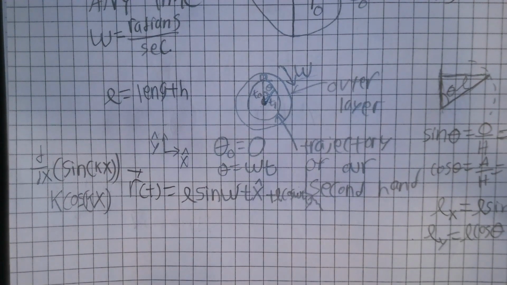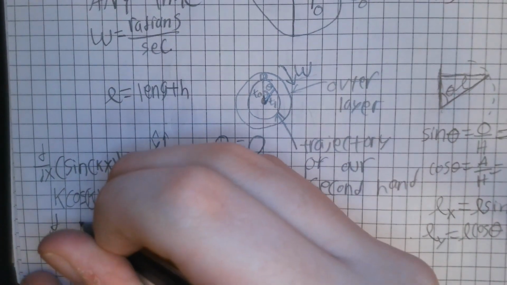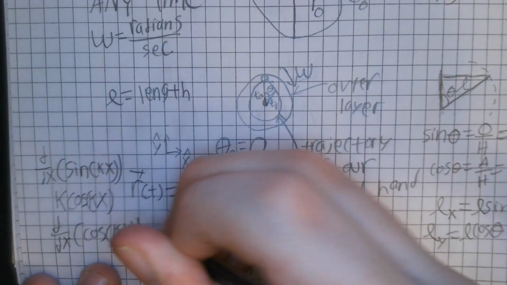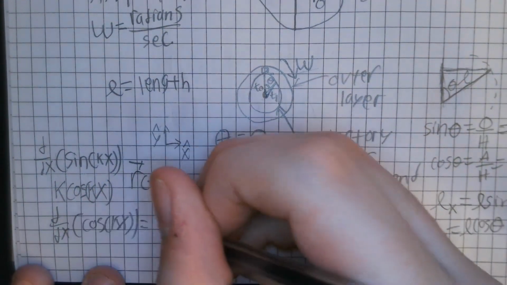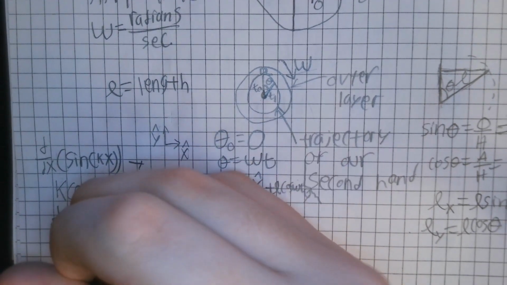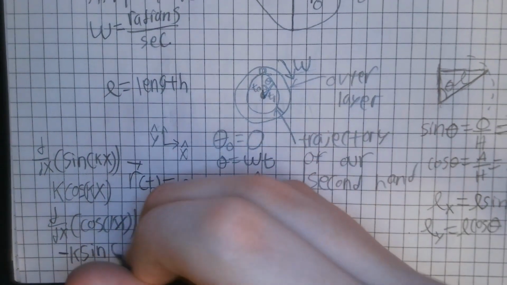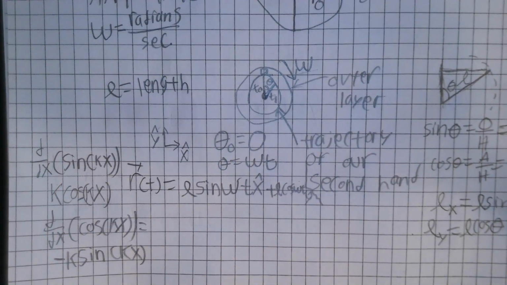And then the derivative with respect to x of the cosine of kx is just going to be equal to negative the constant times the sine of kx. Okay, so cosine goes to negative sine, and we take the constant out. Sine goes to positive cosine, take the constant out. All right.